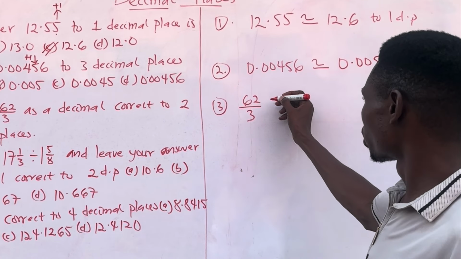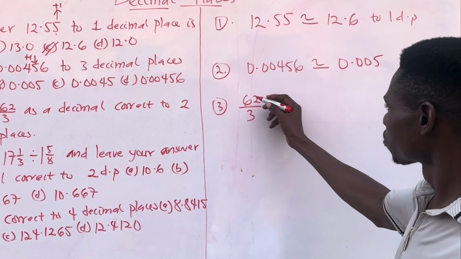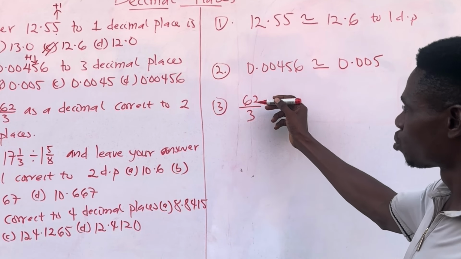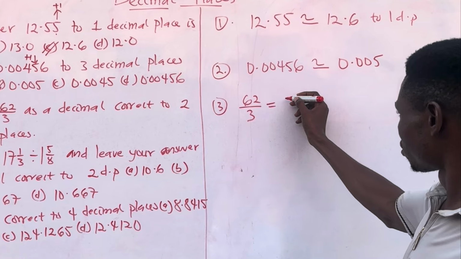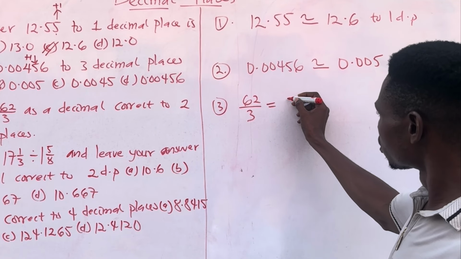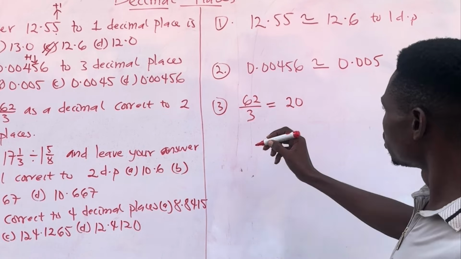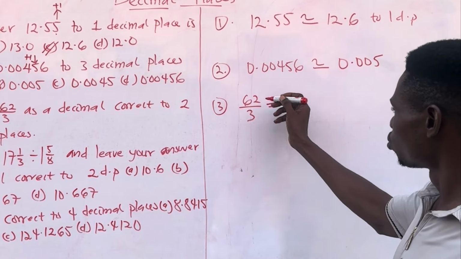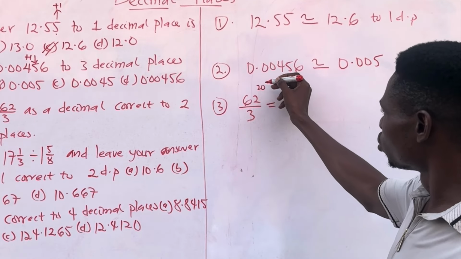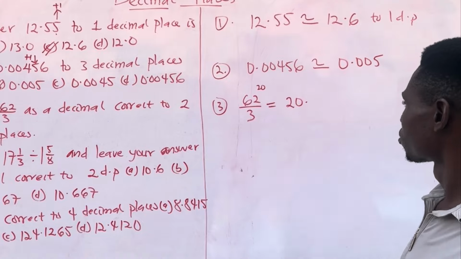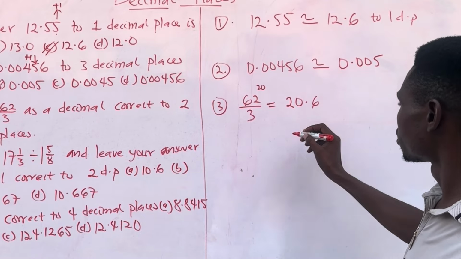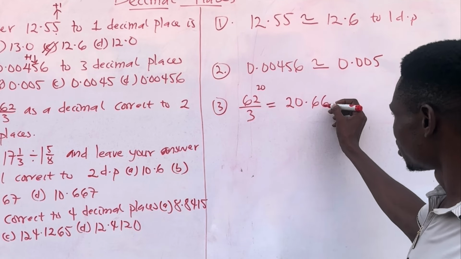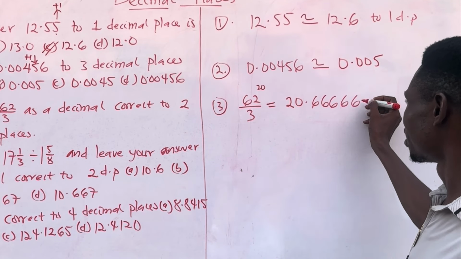But we can do this quickly. 3 in 62. 3 times 20 is 60, remainder 2, right? So if we add 0 to the 2, making 20, 3 in 20, 6. 18, remainder 2 again. So it just gives you 6, 6, 6, and so on.